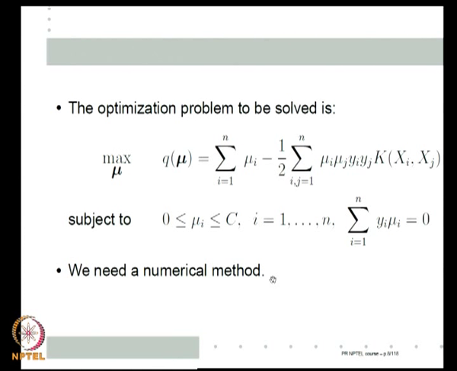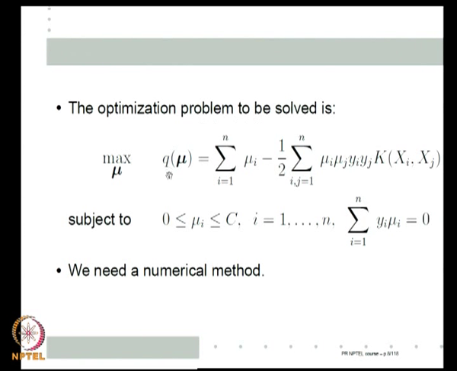So, what we need is a nice numerical method. Of course, there are many numerical methods for general nonlinear programming problems. For example, I can use constraint gradient descent, gradient projection, or one can use penalty method, barrier method. There are many such standard numerical algorithms for solving constraint optimization problems.